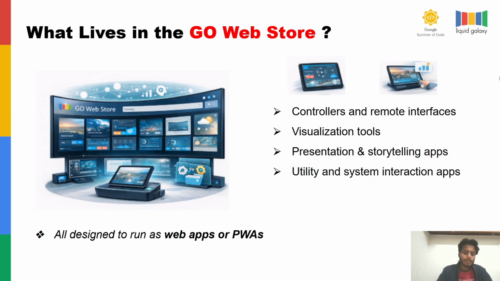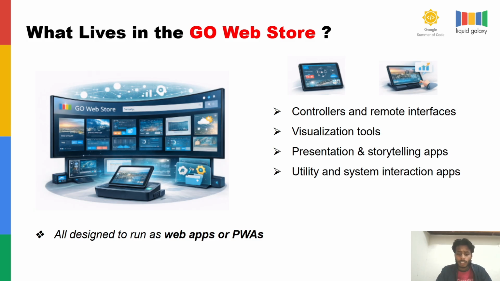The second category is the visualization tool. These tools help in displaying data visually, showing layers, maps, or timelines, and enhancing how information is presented across multiple screens. They are especially useful in education, research, and data-driven storytelling. The third category is presentation and storytelling apps.